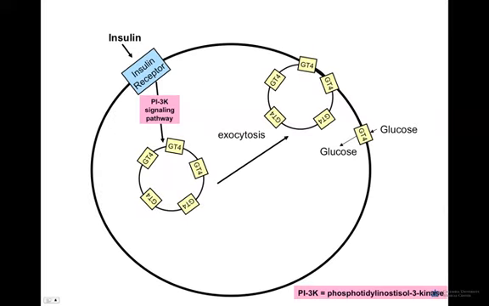And the process looks something like this. So this is obviously a very, very simple cartoon representation of the interaction between insulin and the GLUT4 transporters. So number one thing to notice is that these GLUT4 transporters are found inside of the cell on the membrane of intracellular vesicles.